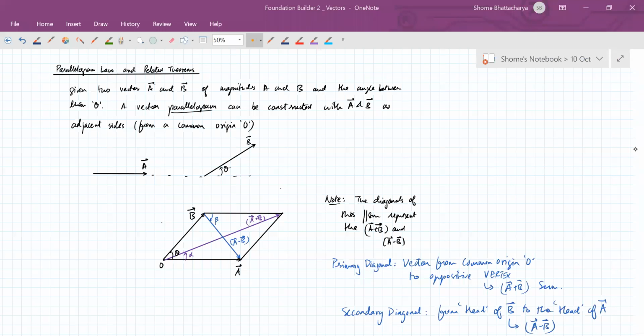And then we'll understand that it's very much connected to the triangle law that we've learned earlier. In fact, this vector parallelogram on its own contains the two triangles which represent the sum triangle and the difference triangle.